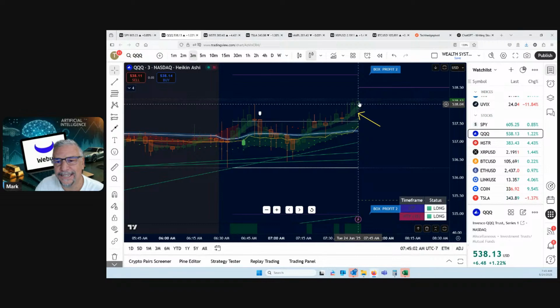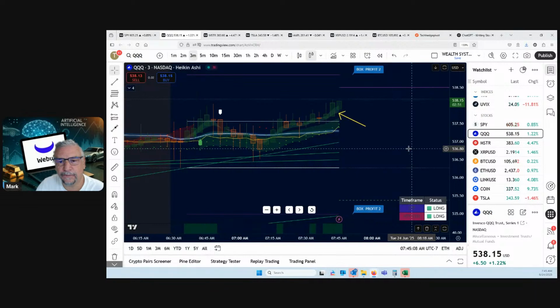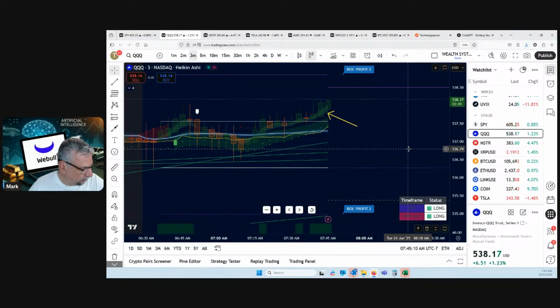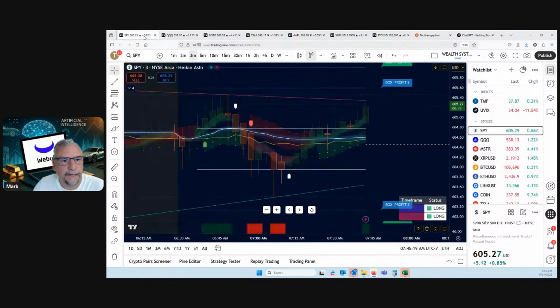Right. So we'll see. Will it approach the 538.50 on this candle? So very, very interesting. Let's see.